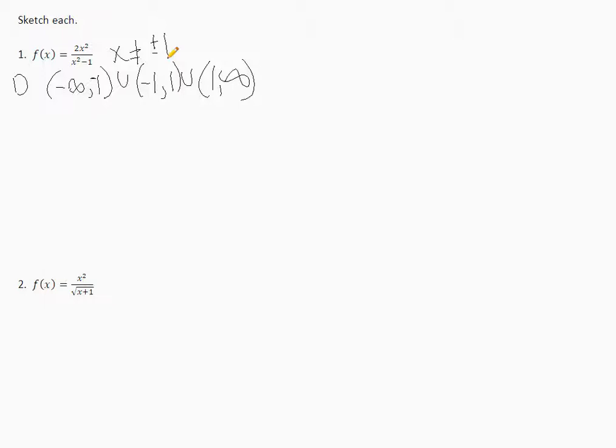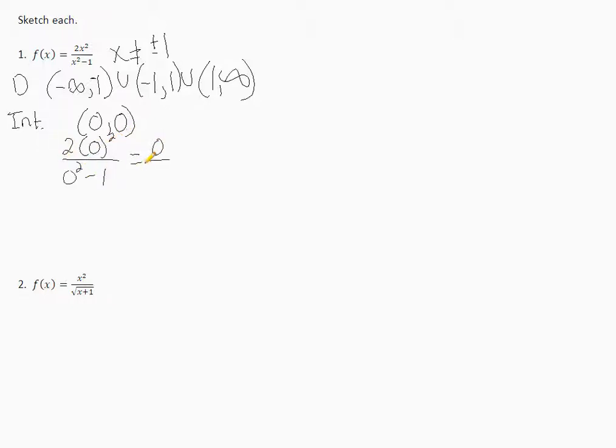Next are my intercepts. To get my y-intercept, plug 0 in for x, and I get 0, 0. And my x-intercept would also be 0. Again, I plugged 0 in for x, so I'd have 2 times 0 squared over 0 squared minus 1.